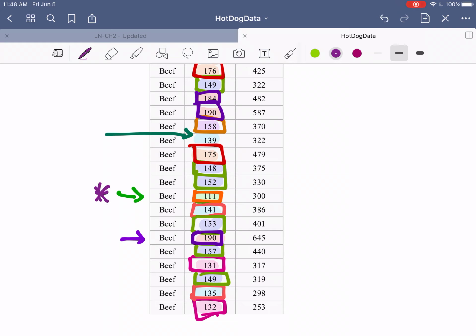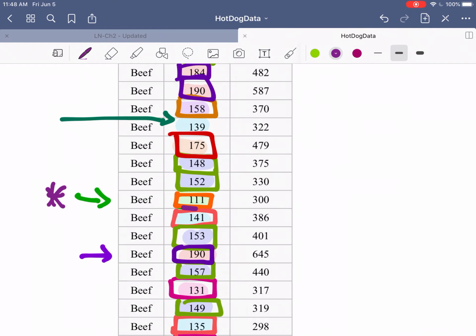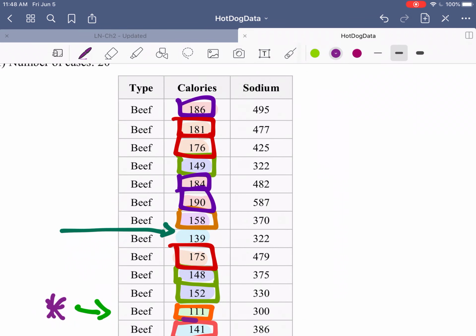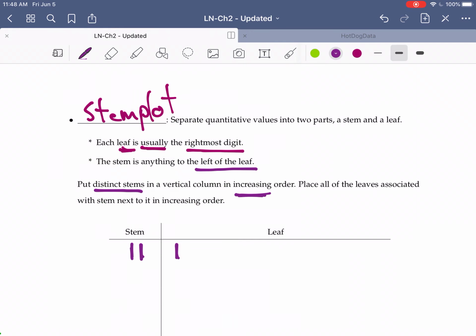That's our 111. And so I'm going to use a stem of 1,1, and then that will have a leaf of 1. All right, so 111 occurs one time. There were no other values that started with 1,1. So the next stem that we would have is 1,2.